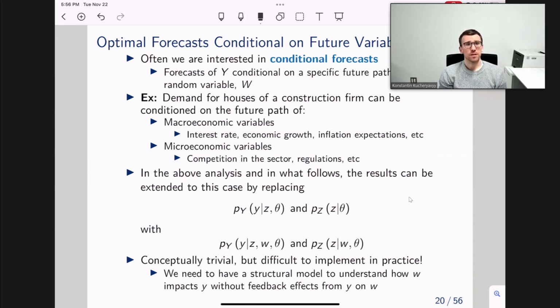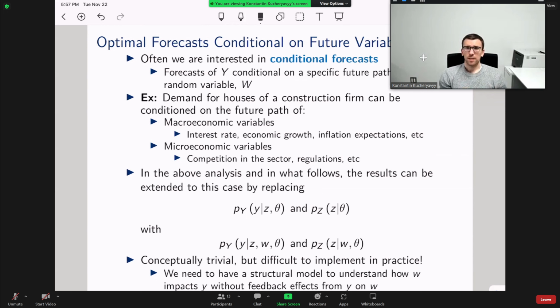Optimal forecast conditional on future variables. This is something different. Often we're interested in conditional forecasts, forecasts of the outcome conditional on a specific future path of another random variable W. For example, demand for houses of a construction firm can be conditioned on the future path of macroeconomic variables, interest rate, economic growth, inflation expectations, and microeconomic variables, competition in the sector, regulations, and so on.